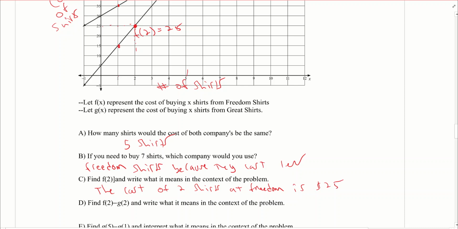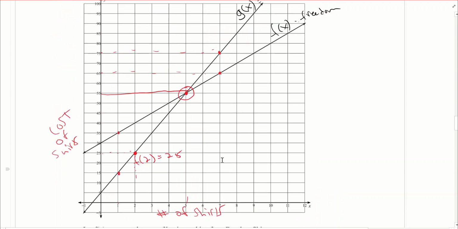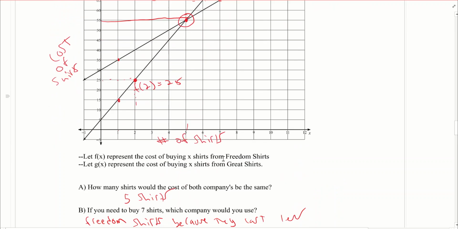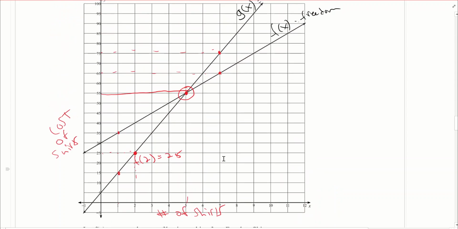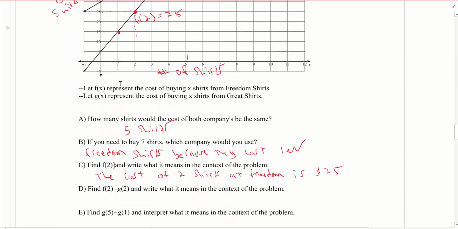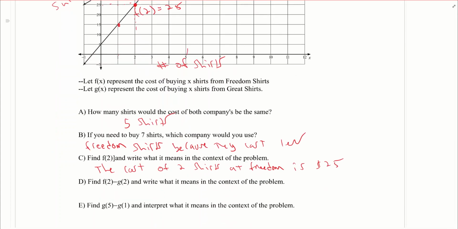That's what f of 2 means. Sorry, I just did that on g. I just did g of 2. F of 2 is this one up here, because that's Freedom Shirts, and that was 40. So we should say not 25, but 40. The cost of 2 shirts at Freedom Shirts is $40.